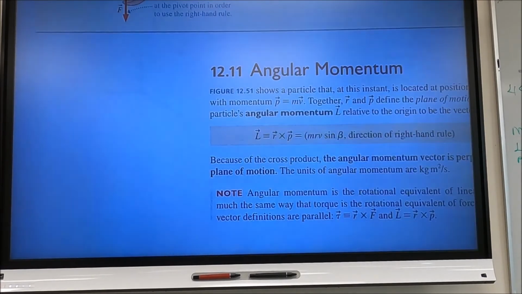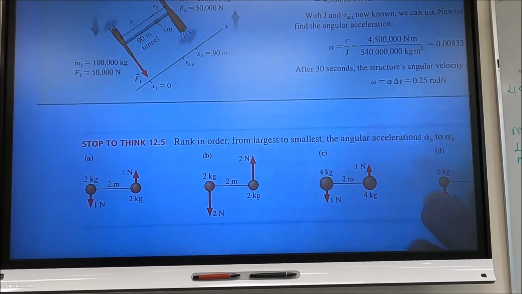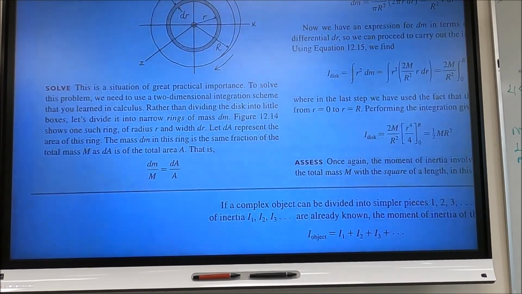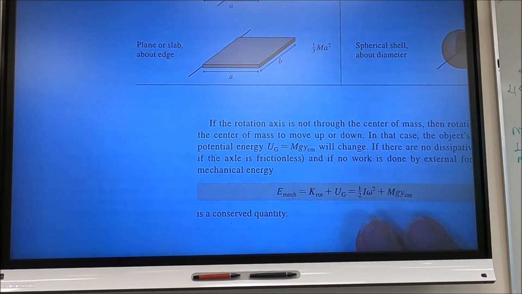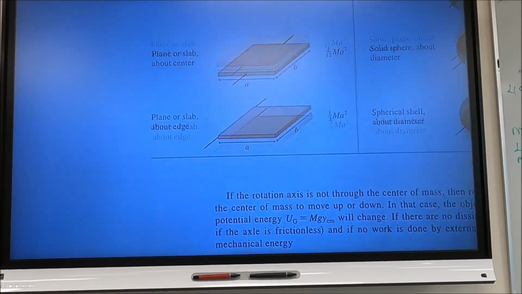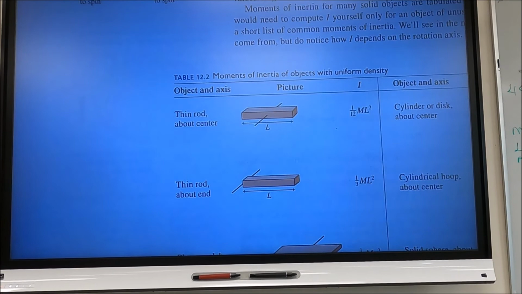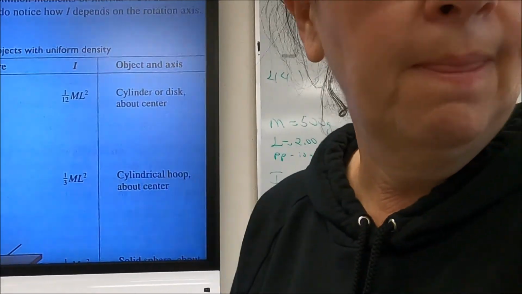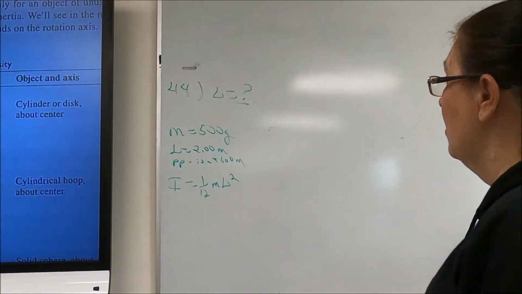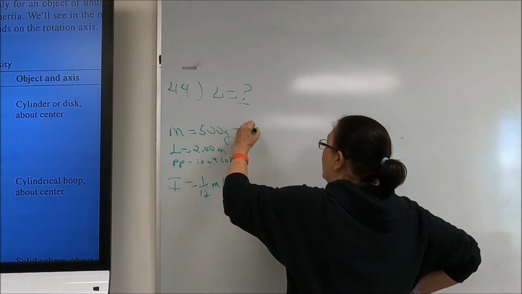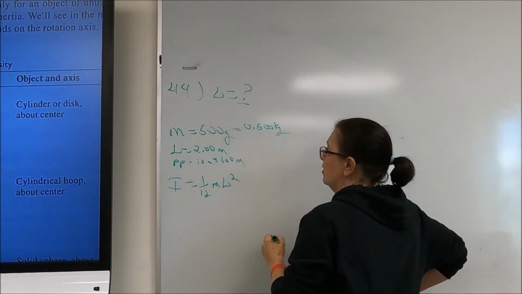Now it's a regularly shaped object. So if we go back and look at our table for moments of inertia, the moment of inertia, I, is equal to 1/12 ml squared when the pivot point is in the middle. 500 grams is 0.500 kilograms.